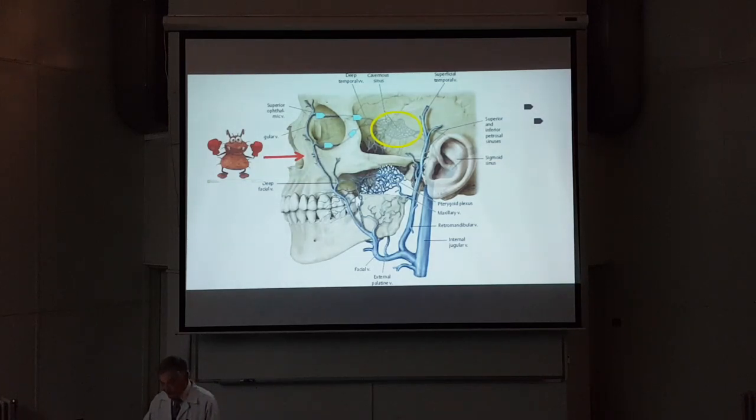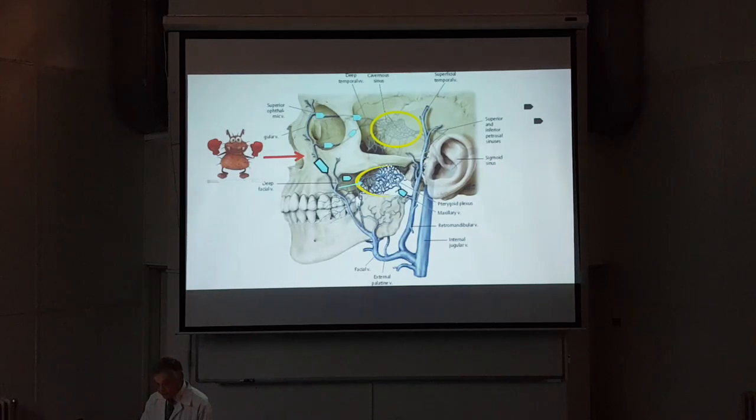And you know that the cavernous sinus has cranial nerves traveling in its lateral wall. Infection may go in the vein, not directly through the ophthalmic veins, but indirectly through this plexus, which is called the pterygoid plexus of veins, around pterygoid muscles in the infratemporal fossa.